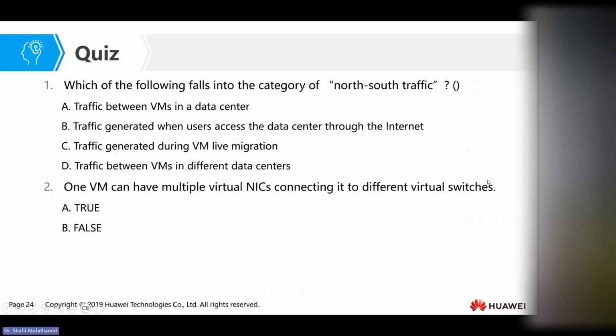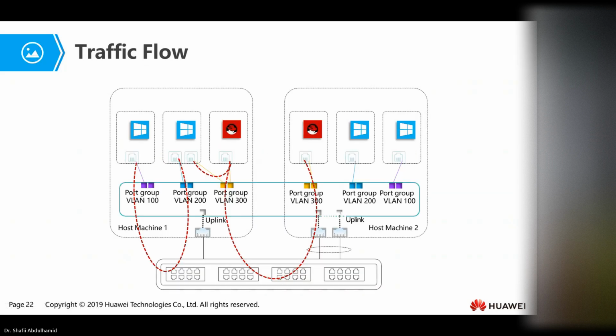Now this is another thing that I need to look at. They said different virtual switches. Yes, we can have multiple virtual links on the same virtual machine, but is it connecting to different virtual switches? Who has an idea?